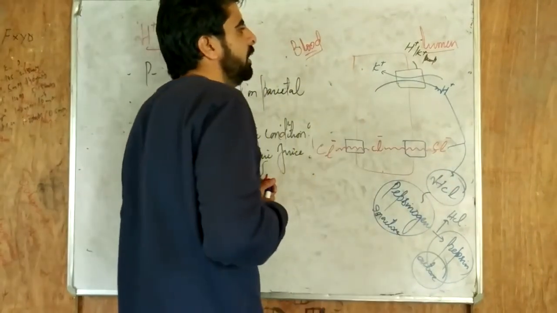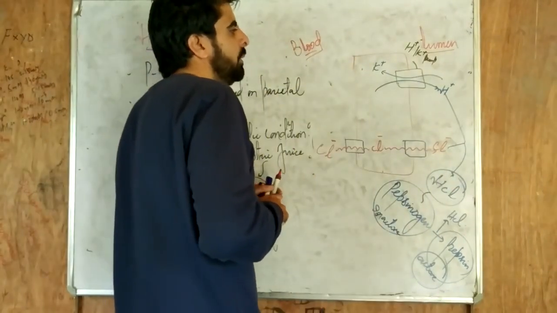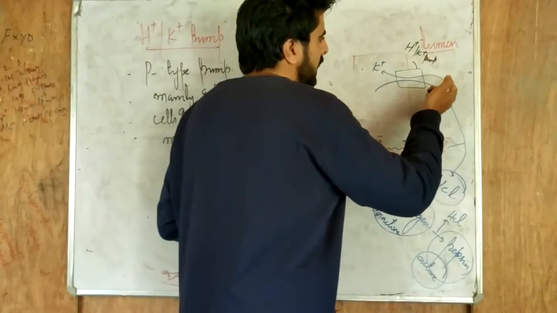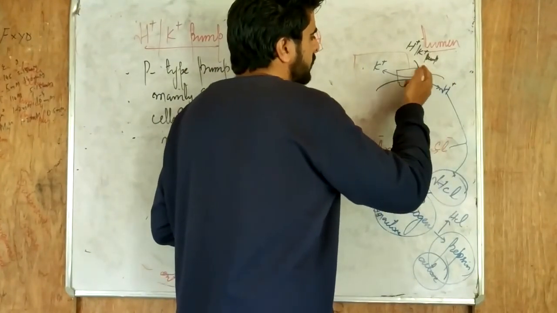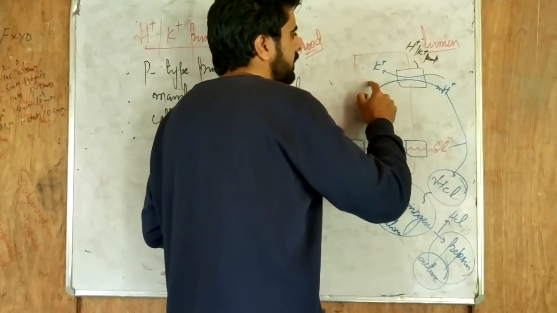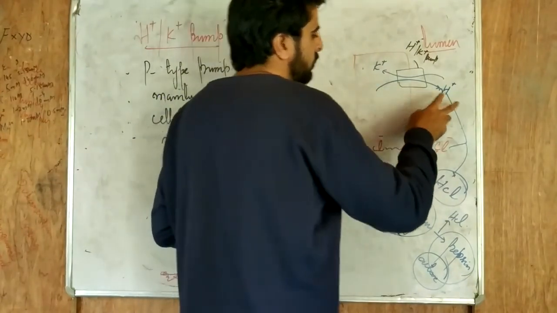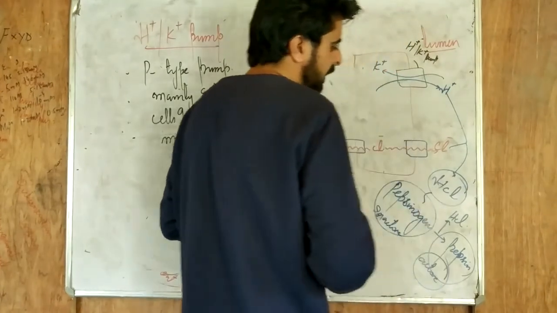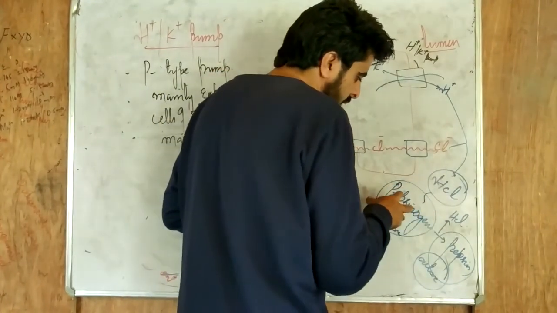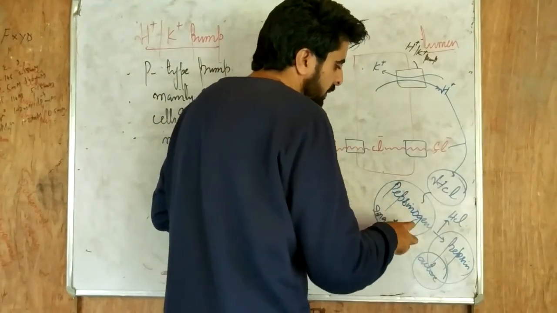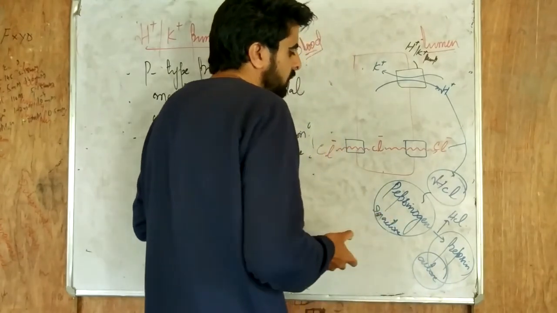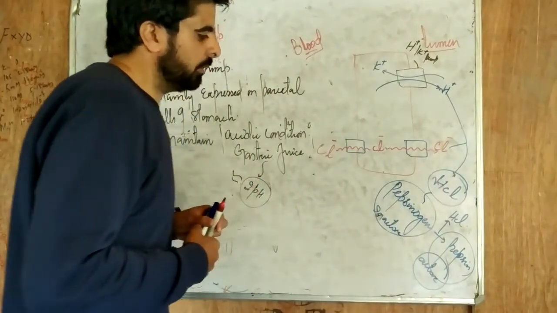Similarly, we have a proton potassium pump, where potassium moves from the lumen into the intracellular space and hydrogen moves from the intracellular space into the lumen. Now this hydrogen and chloride combine to make HCl, and this HCl is essential for conversion of pepsinogen into pepsin. Pepsinogen is an inactive form, while pepsin is an active form.